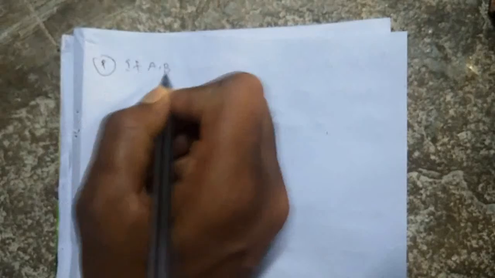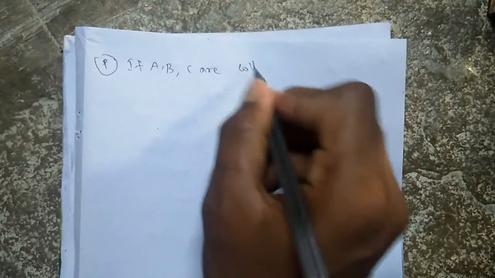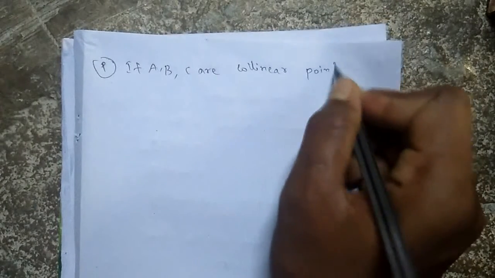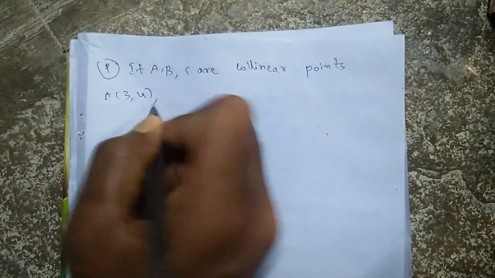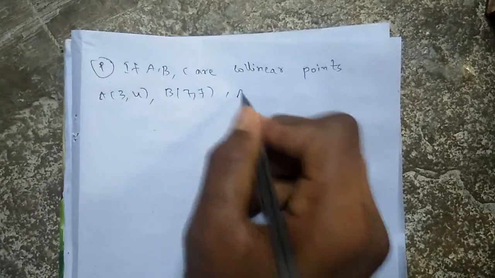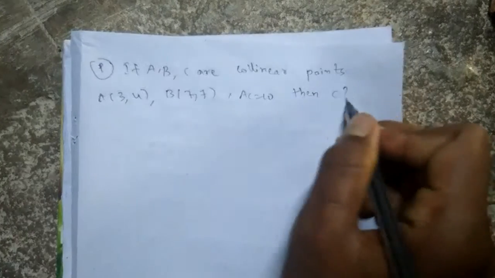Our next problem is, if A, B, C are collinear points such that A is (3, 4), B is (7, 7) and AC is equal to 10, then the coordinates of C are.